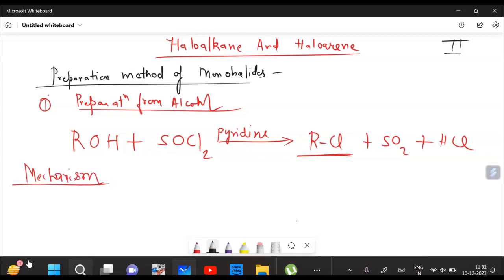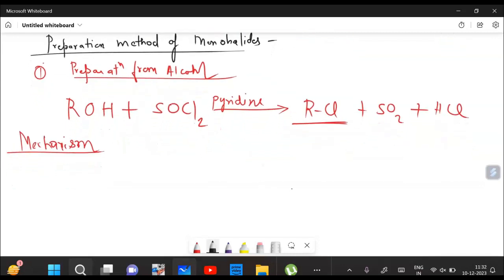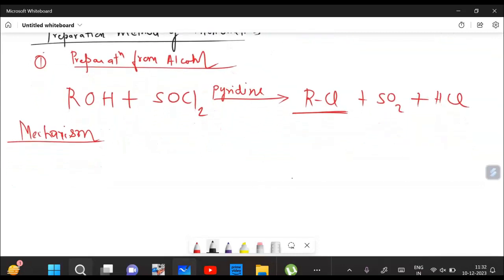For NEET, you can just study the examples and the direct mechanism. So there is a ROH, right? And there is a lone pair present on oxygen, plus SOCl2. You can draw the SOCl2 like that.